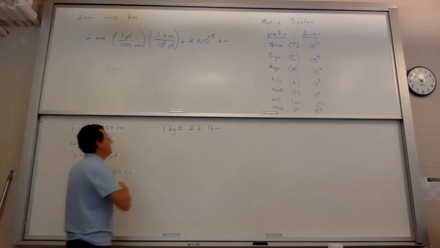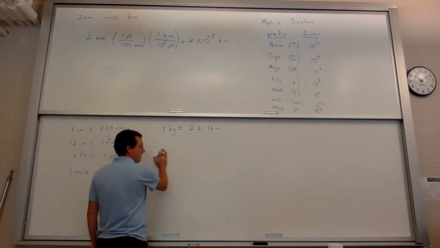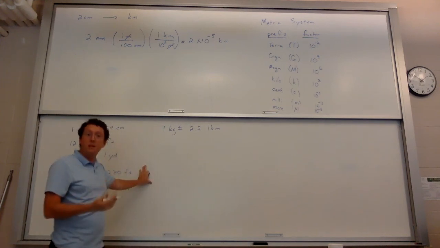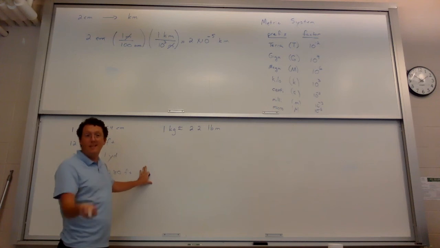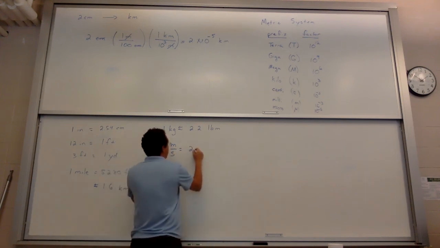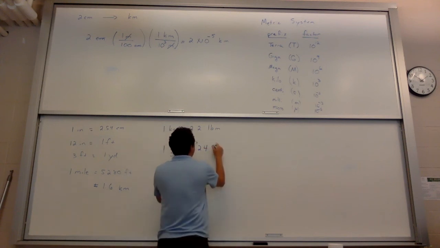Another one that is useful to know, and this one will come up a lot because we have problems with velocities and speeds in the metric system, and then you want to know what that means in everyday life: 1 meter per second is 2.24 miles per hour.